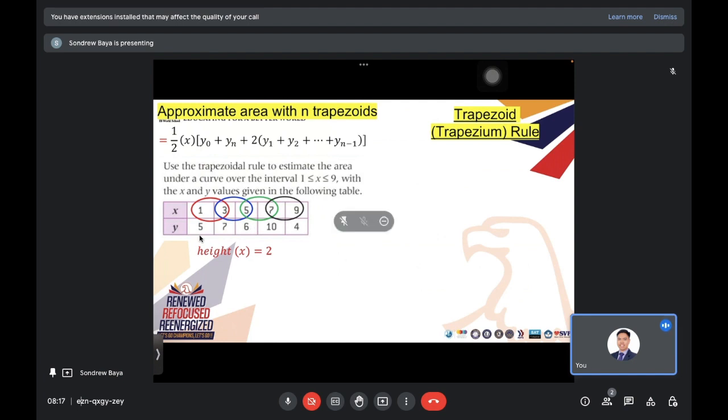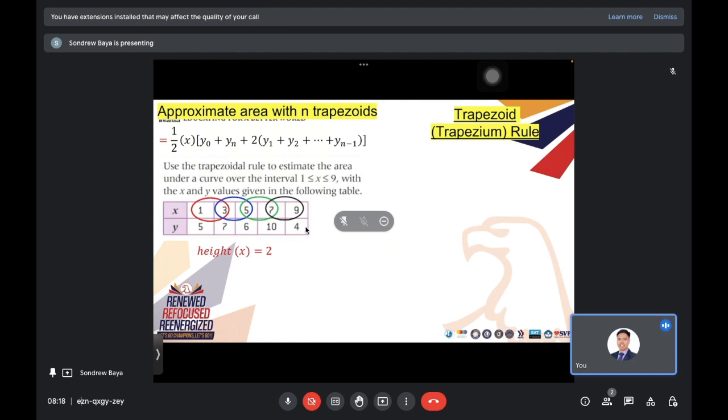Oh no, 4 trapezoids rather. 4, not 5, 4 trapezoids. So this is the first trapezoid, first length. This composes the length of the first trapezoid, 5 and 7. And then we have the second trapezoid, this one, third trapezoid, fourth trapezoid. So you could have this as y sub 0, y sub 1, sub 2, sub 3, and sub 4. That's why we can say that there are 4 trapezoids here.